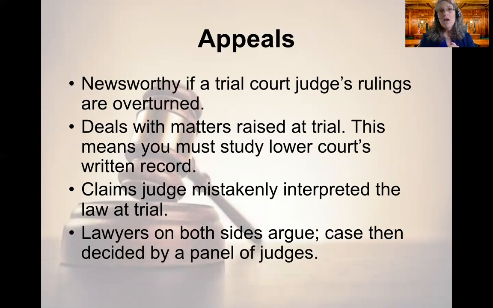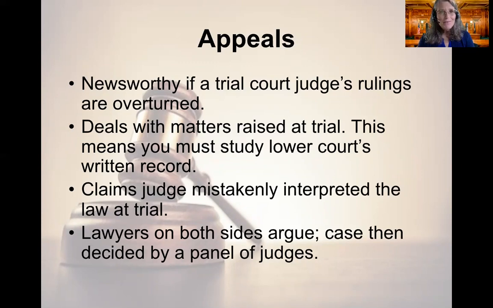And then appeals. So just because a sentence is determined, and while the defendant may go ahead and serve that sentence, that defendant also has the right to appeal. This is newsworthy to really follow, because sometimes a trial court judge, so that circuit court judge that determined the sentence and formally sentenced that defendant, sometimes their rulings can be overturned.